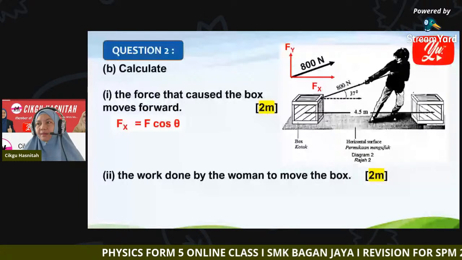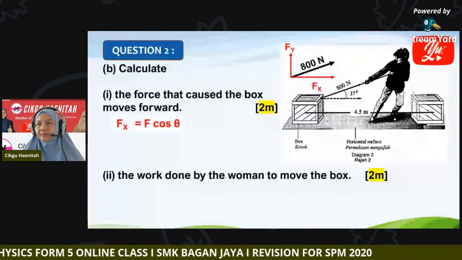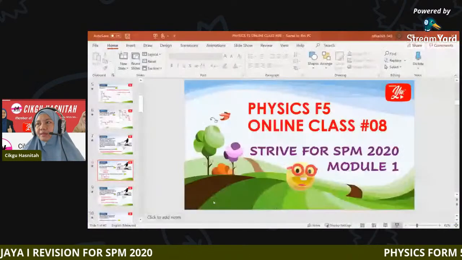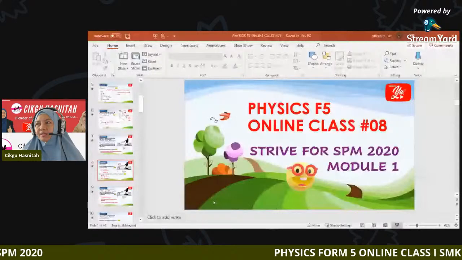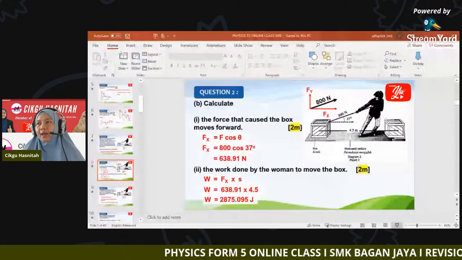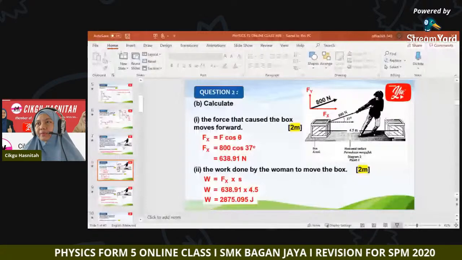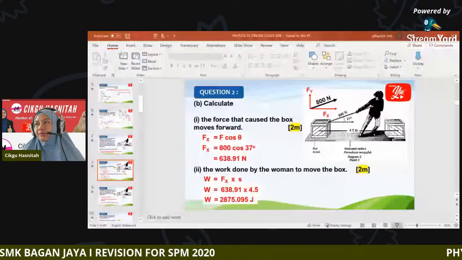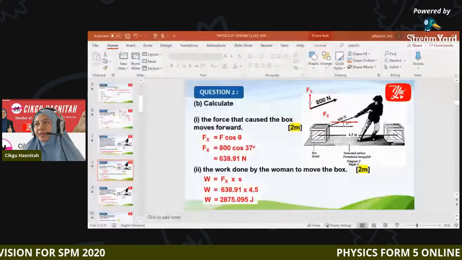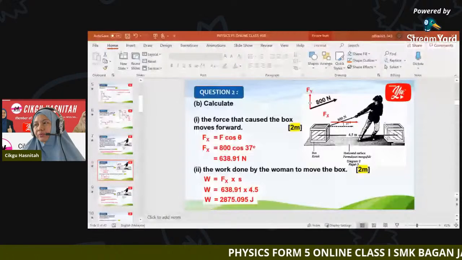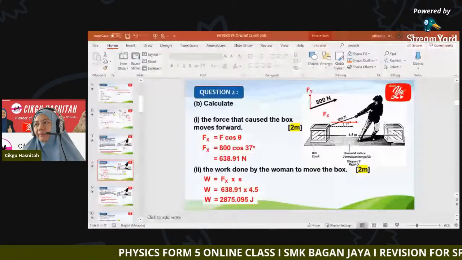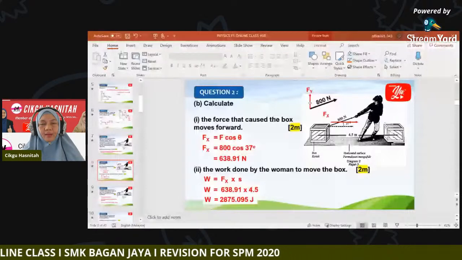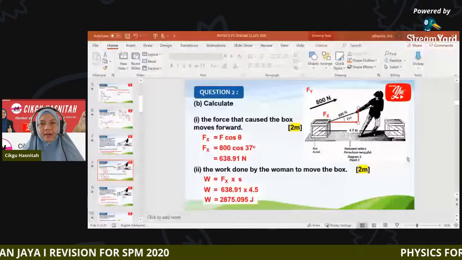If you look at this slide, if I shift this arrow to this side and this arrow of Fy I bring it here, now you can see what happened in this drawing.